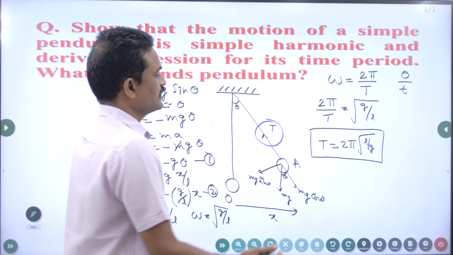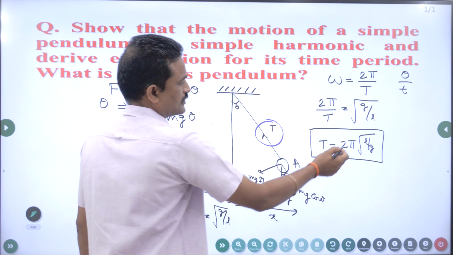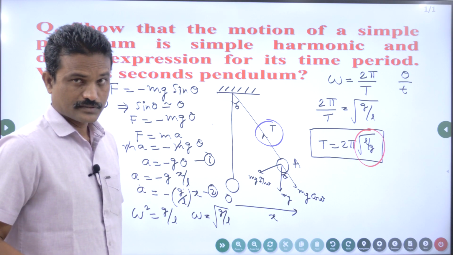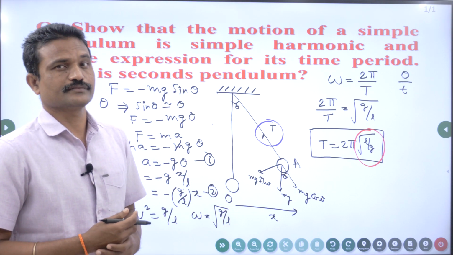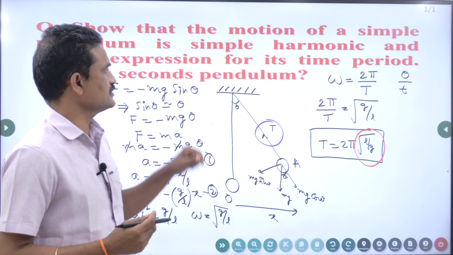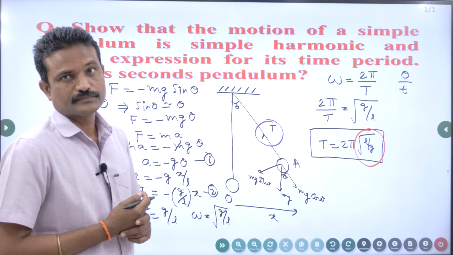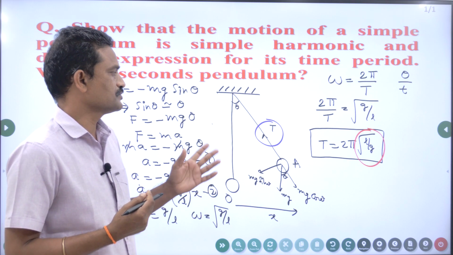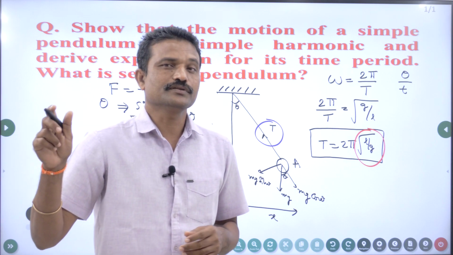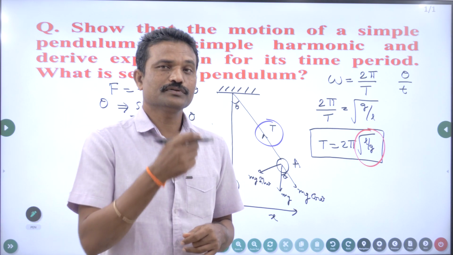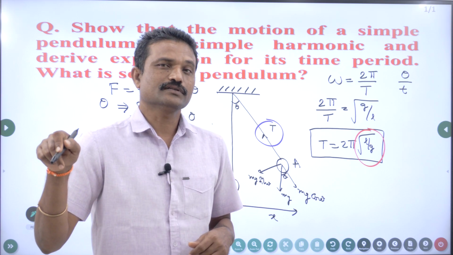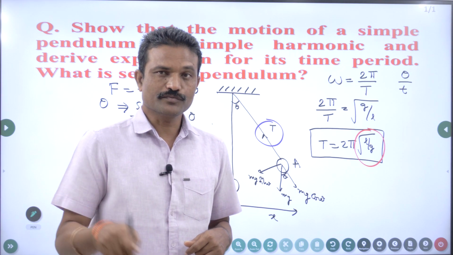From this it is clear that time period is directly proportional to the square root of the length and inversely proportional to the square root of the acceleration due to gravity. Is this clear? Now, the last part of the question is, what is a seconds pendulum? In olden days, we used to have pendulum clocks. On the walls, we used to find a metallic bar pendulum which undergoes simple harmonic motion.